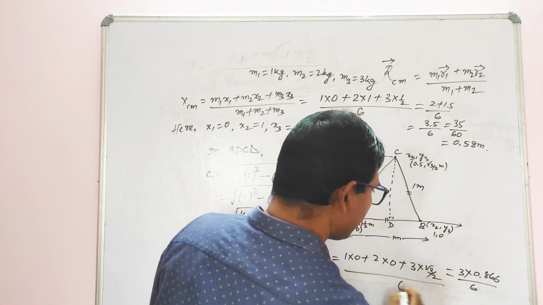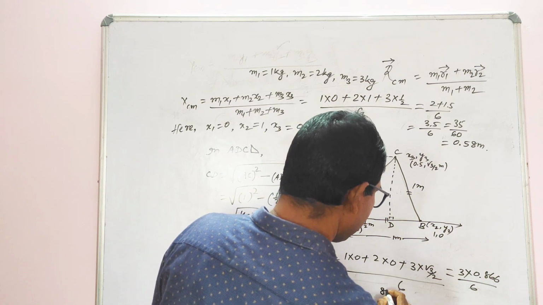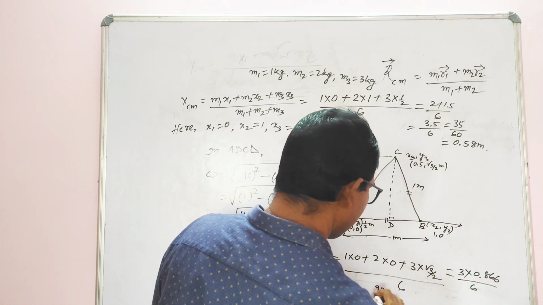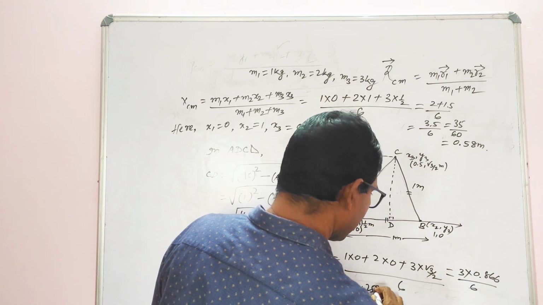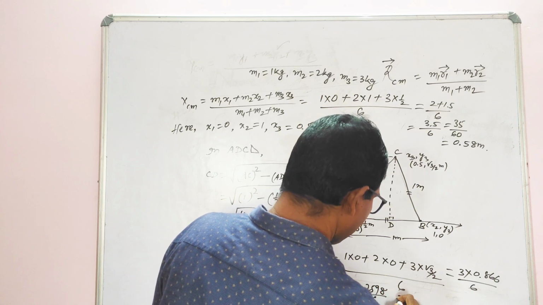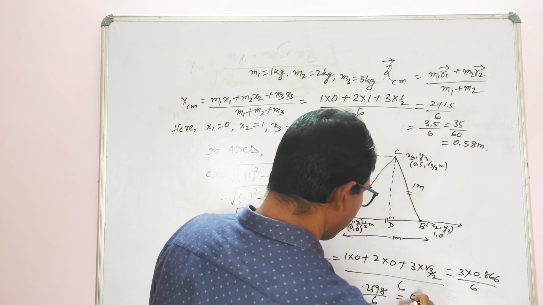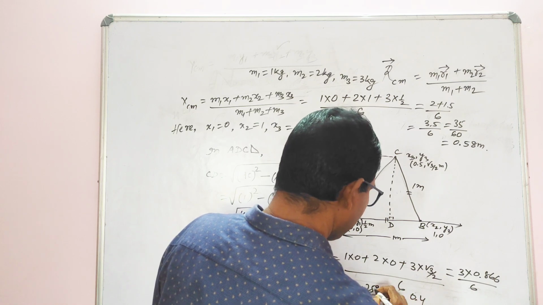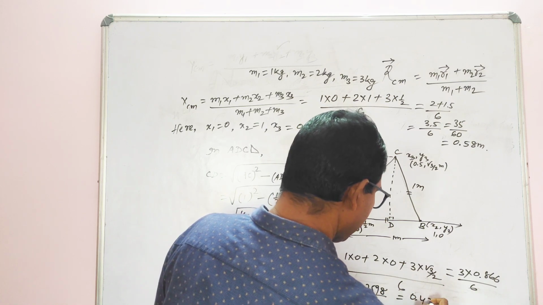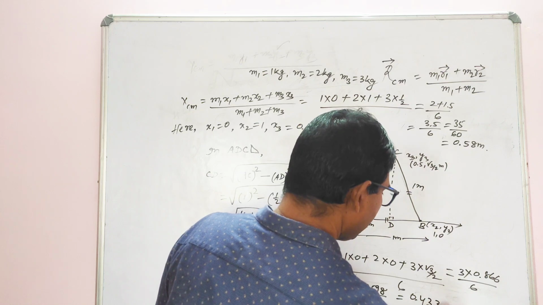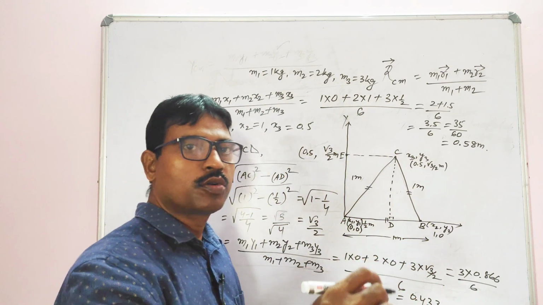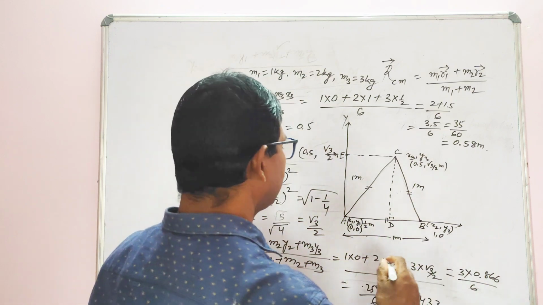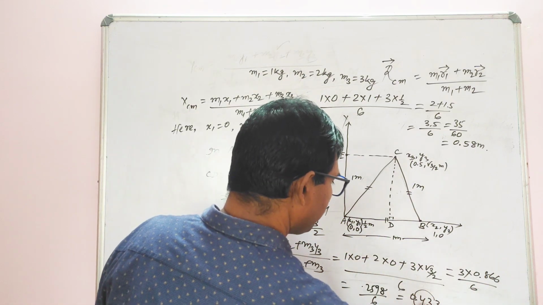If you divide this, you will get 0.43. Only take 2 decimals, after the decimal 2 digits.